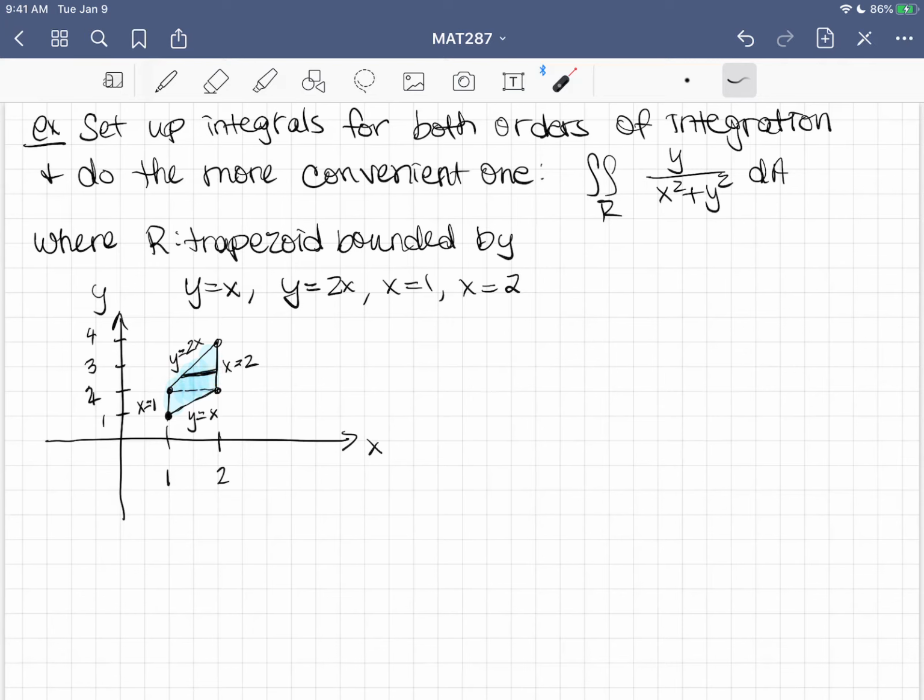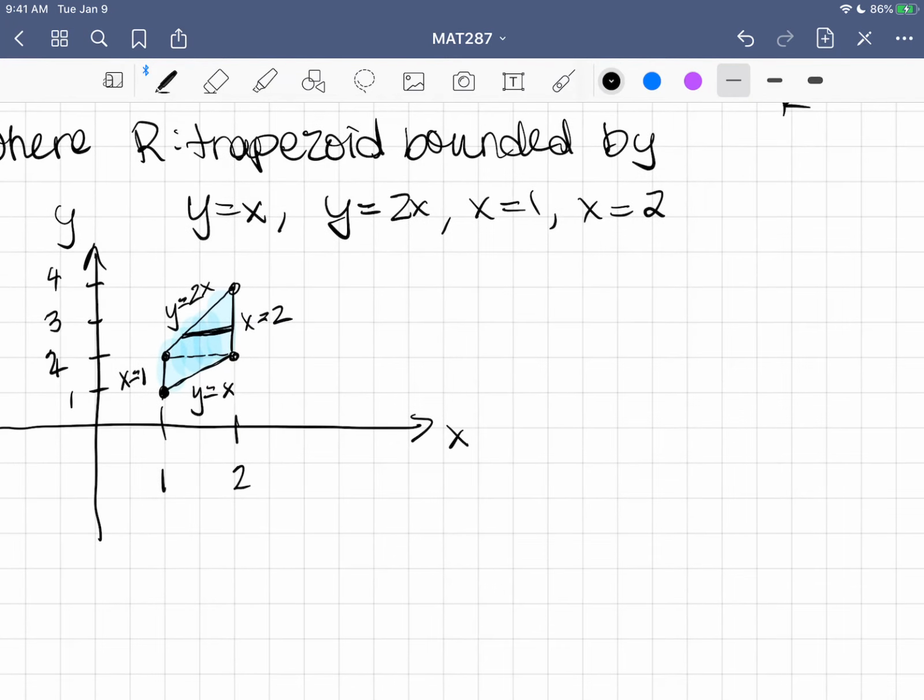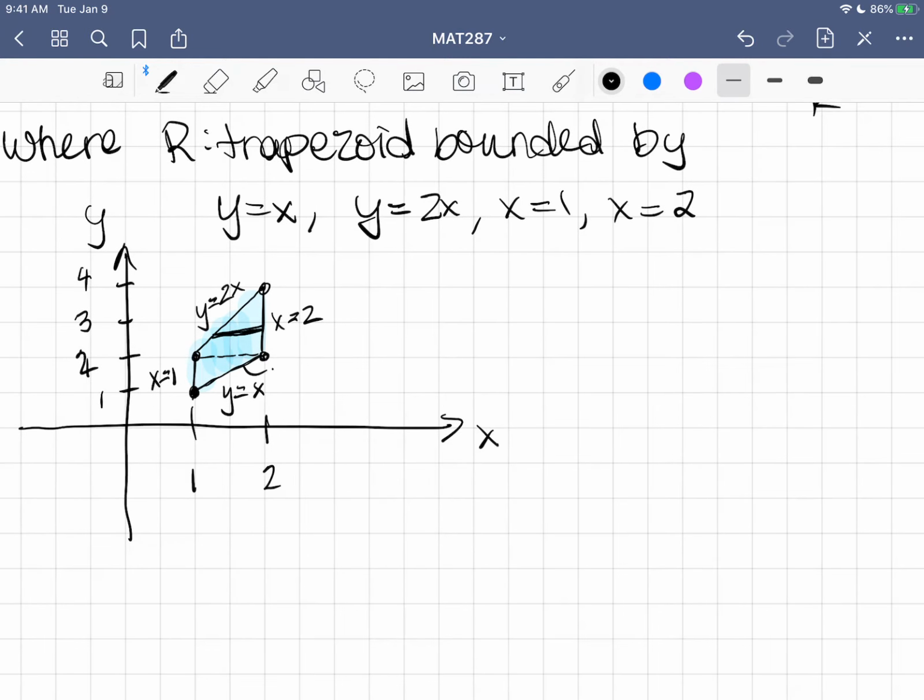So what that means is I'm going to have to break up my region into two regions, R1 and R2, where this bottom half is going to be R1 and this top half is R2. And so let's think about this. Let's look again. If I take a horizontally simple region in the bottom half, it goes from x equals 1 to x equals y.